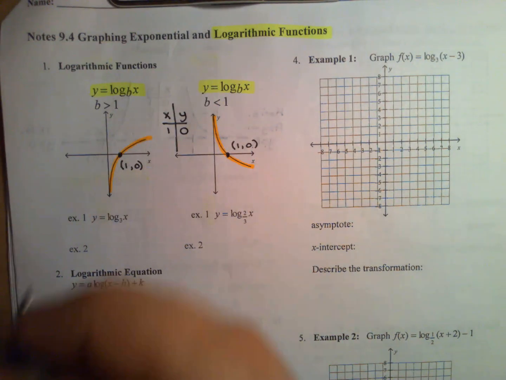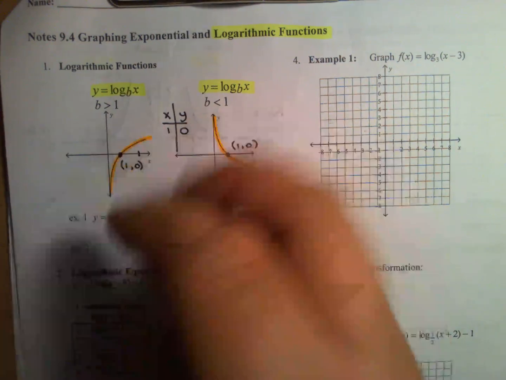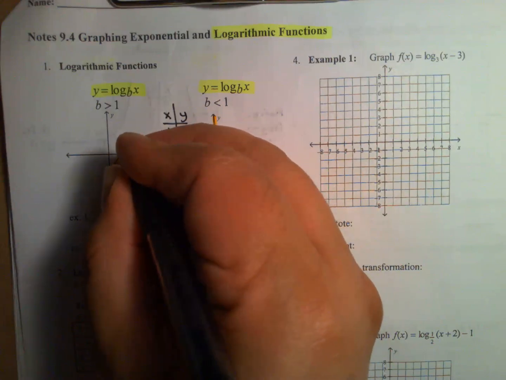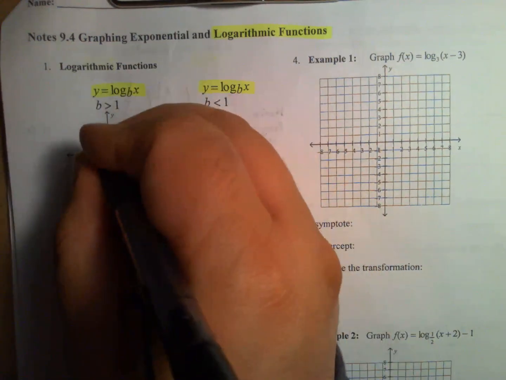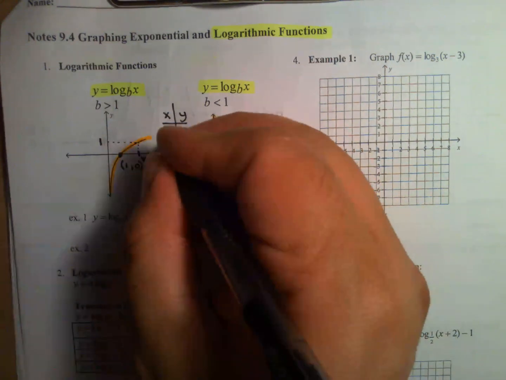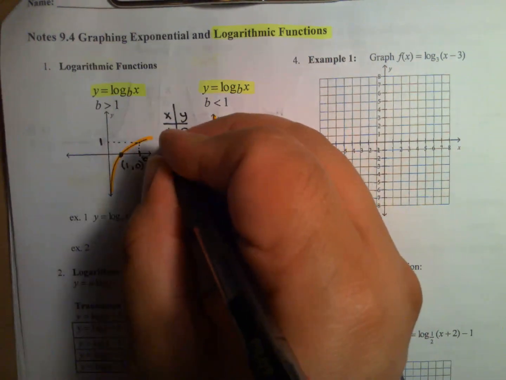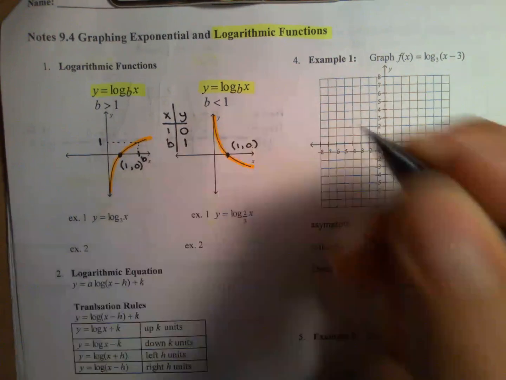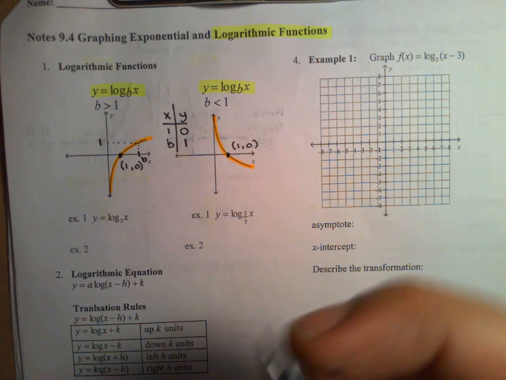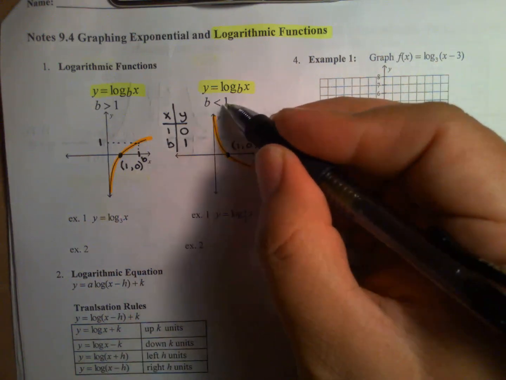And of course, the other point that's going to be very important for us is this one right here. Here's my b value, and it goes up to a value of 1. And so because of that, my point is always going to be (b, 1). Now, remember our b values here are less than 1.